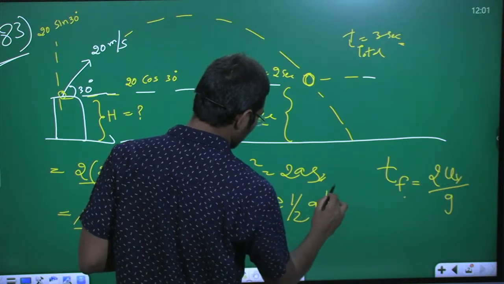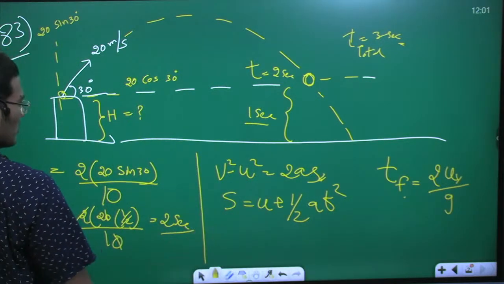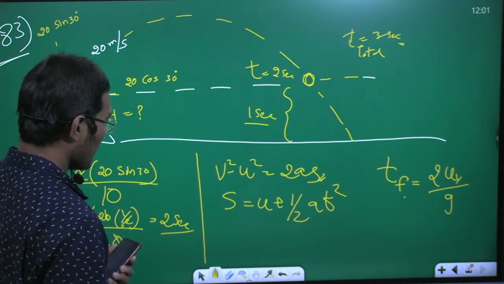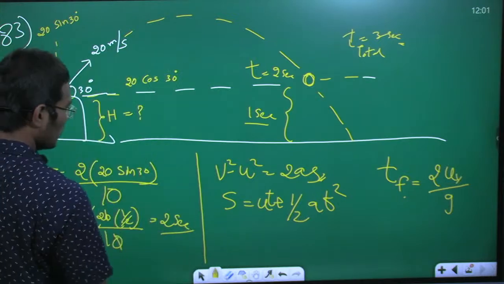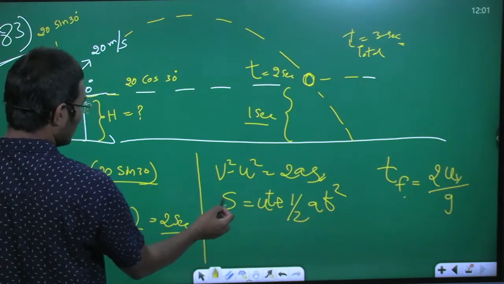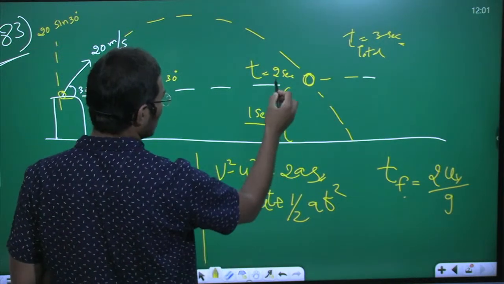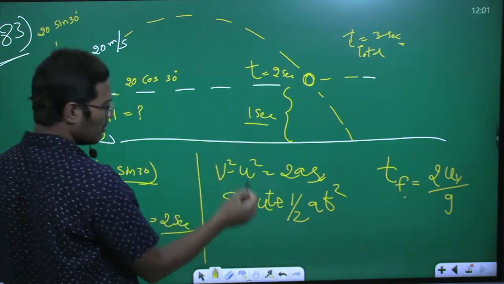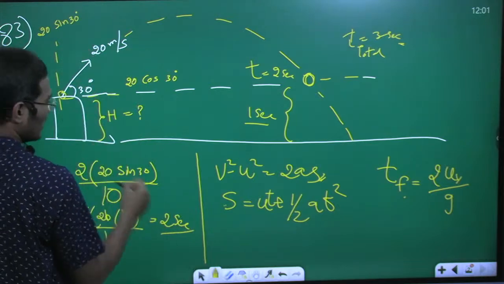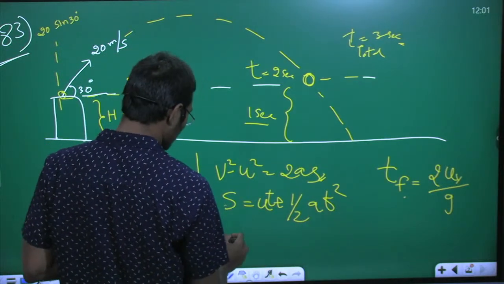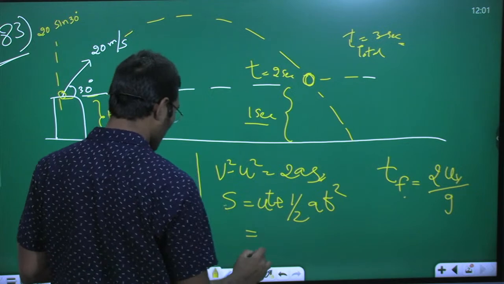Still, these are the two equations we have for S. ut plus half at square, right? So I guess you can use this equation because we need S, we have time t, the remaining time 1 second, velocity v, that is 20 sin 30, and half a t square.